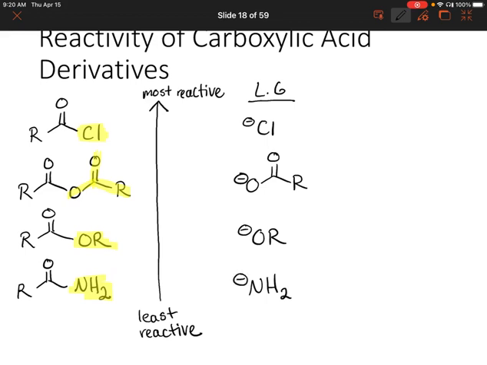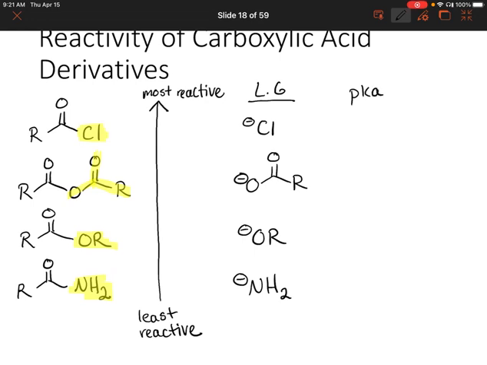All right. So one way that we can think about these leaving groups related to reactivity is how stable are they? So let's look at the conjugate acids of these leaving groups, because that will help us figure out how stable the leaving groups are on their own.